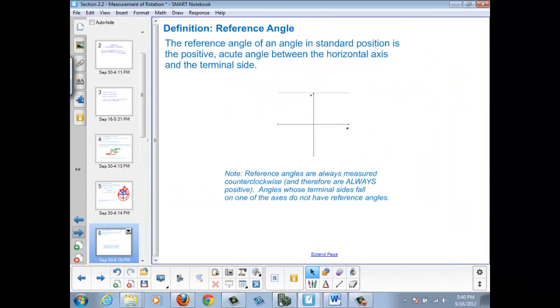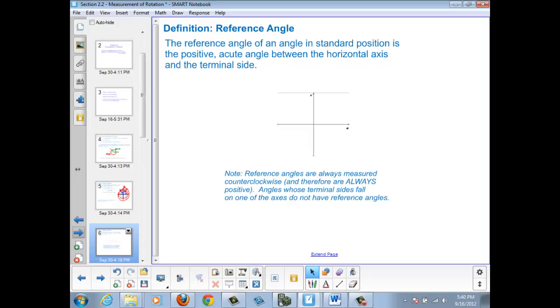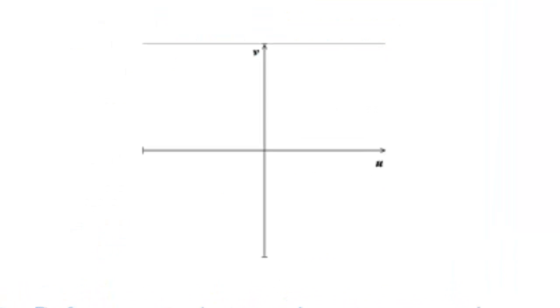Reference angles are very important. We're going to be using them a lot. So the reference angle of an angle in standard position is the positive acute angle between the horizontal axis and the terminal side. So what that means is that every reference angle comes off the horizontal axis. For an angle in the first quadrant, we want the acute angle off the horizontal axis. So if this is my original angle, my reference angle is the same angle.